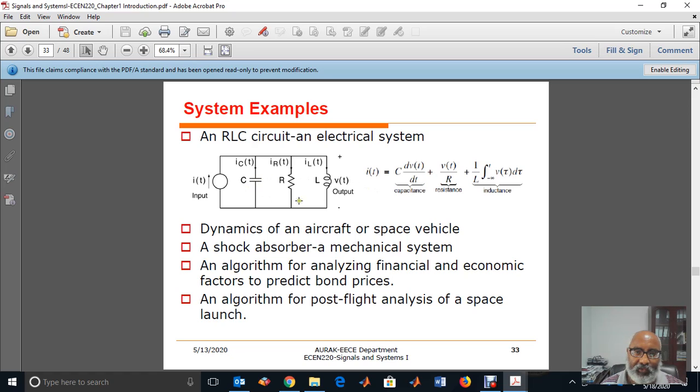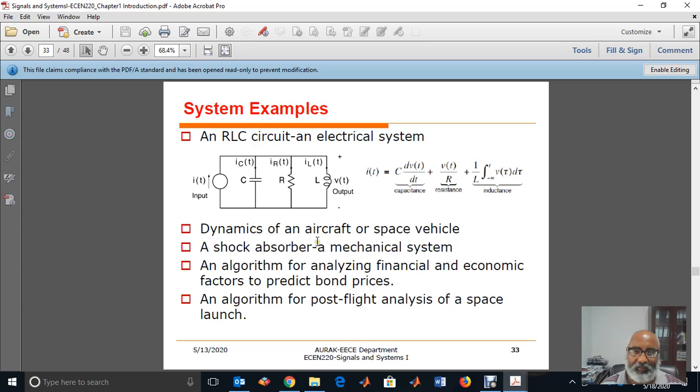If we relate the input current and the output voltage, we get this kind of equation, which has a derivative part and an integration part. We call this an integro-differential equation because it combines derivative and integration. We can also find a purely differential equation, which has only derivative parts, after we take the derivative of the left side and the right side. So this is an electrical system.